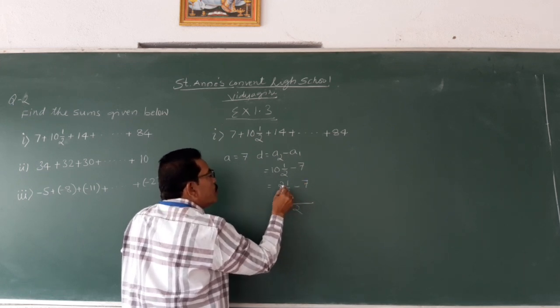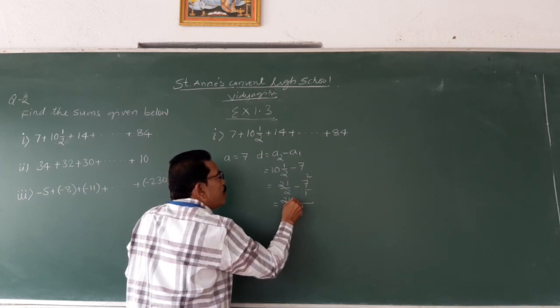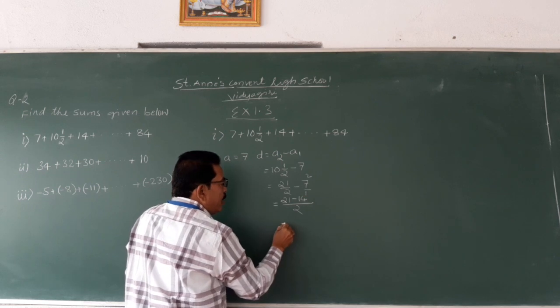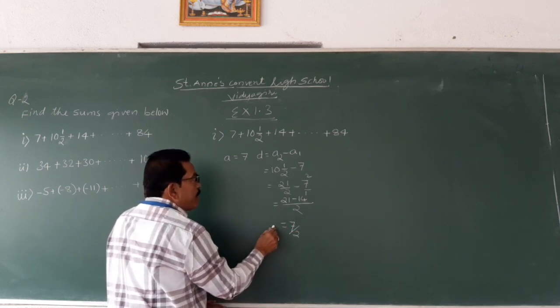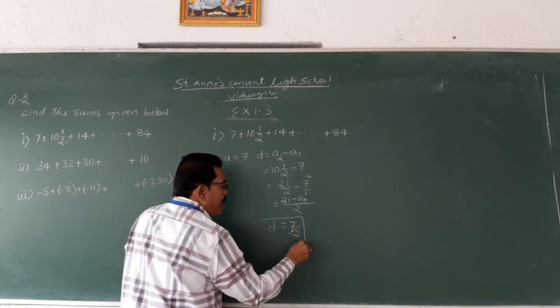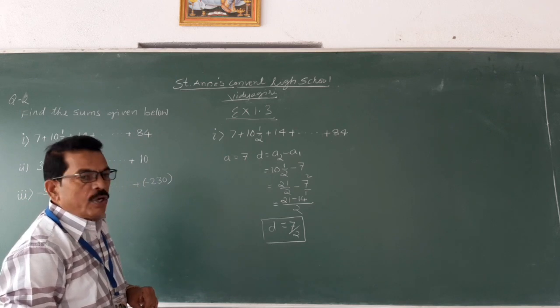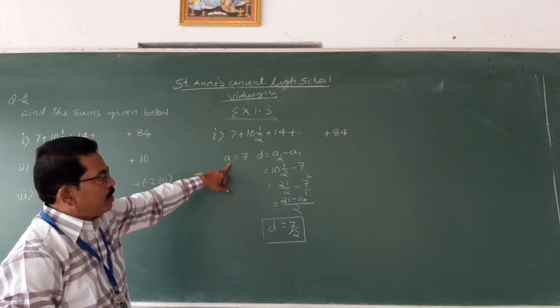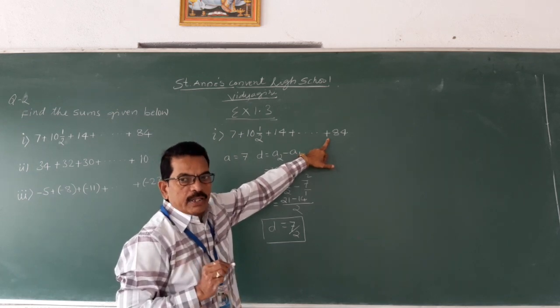LCM 2: 21 minus 14, that is equal to 7 by 2. That is, common difference is 7 by 2. After getting 7 by 2, we have to utilize the last term to find the nth term.